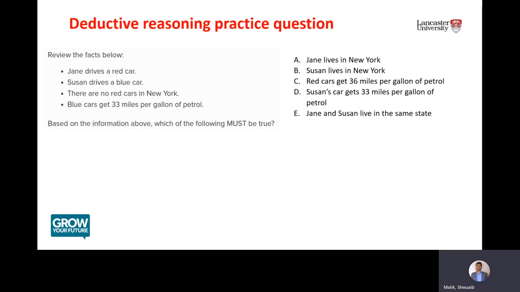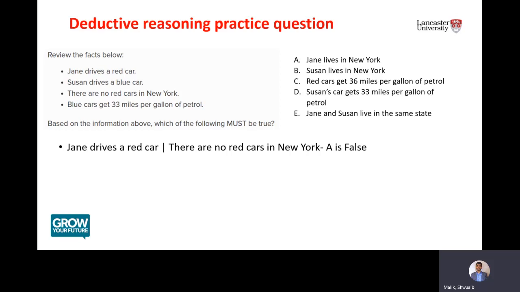So let's go through these. The first one is Jane lives in New York. Now, we know Jane drives a red car, but there's no mention of where Jane lives in particular. But importantly, there are no red cars in New York. So Jane cannot possibly live in New York.